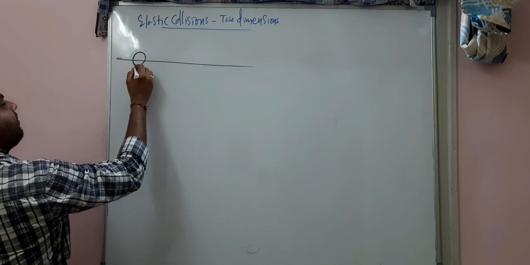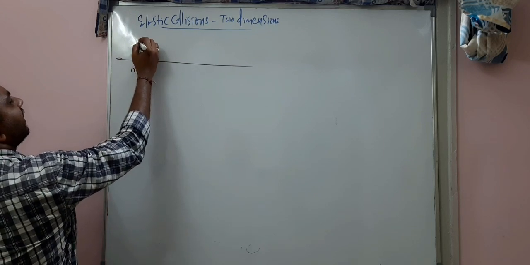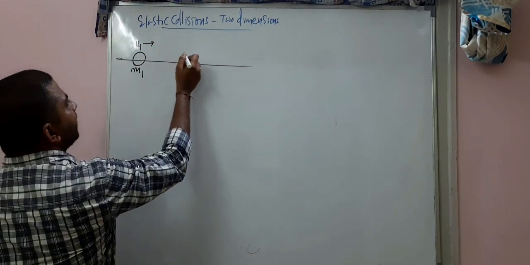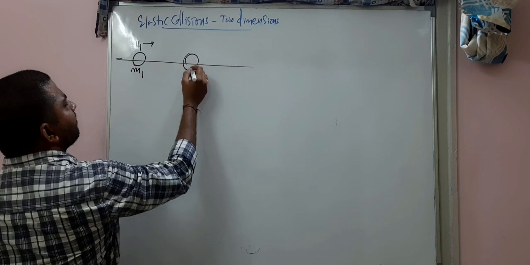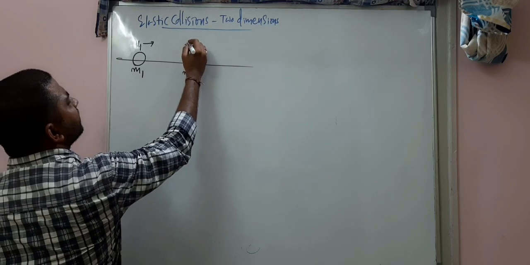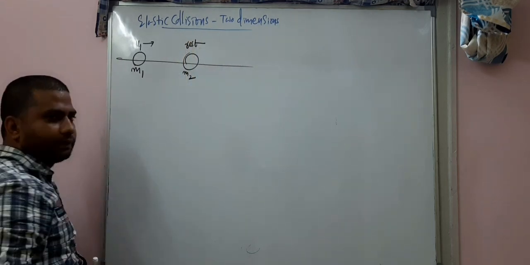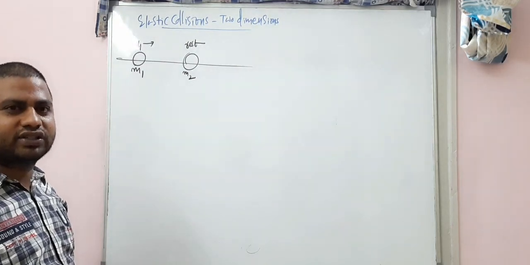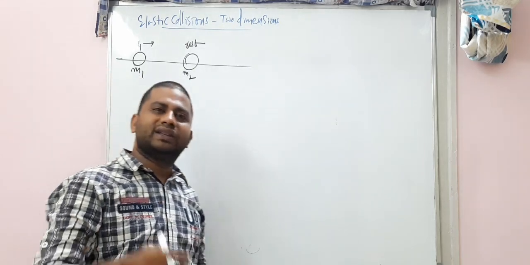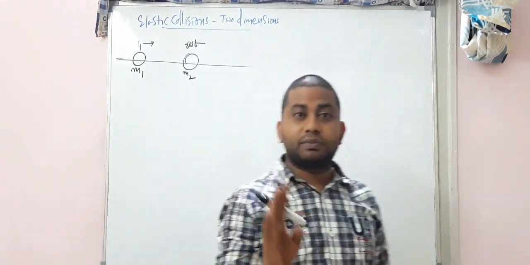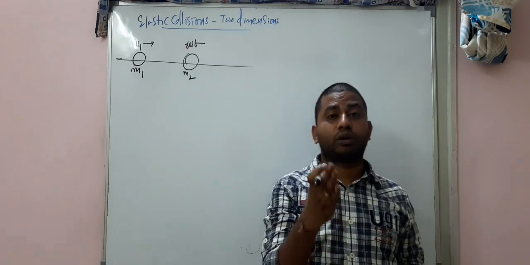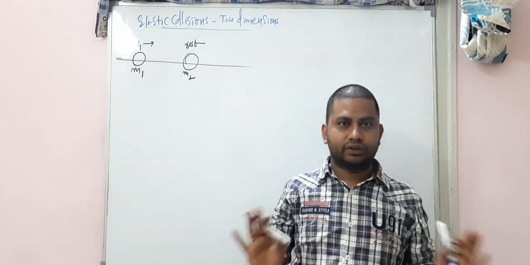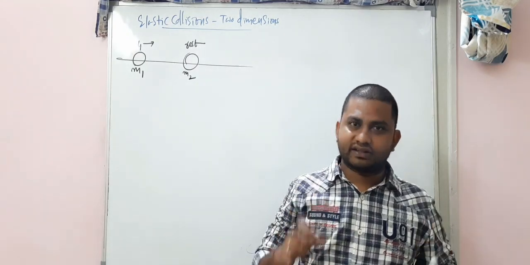There is a body of mass m1 moving with a velocity u1. There is a body of mass m2 which is at rest. I've already told you, most of the questions you get from collisions keep the second body at rest, because half of the difficulty of the problem is solved. Half of the difficulty level is reduced when the second body is at rest.